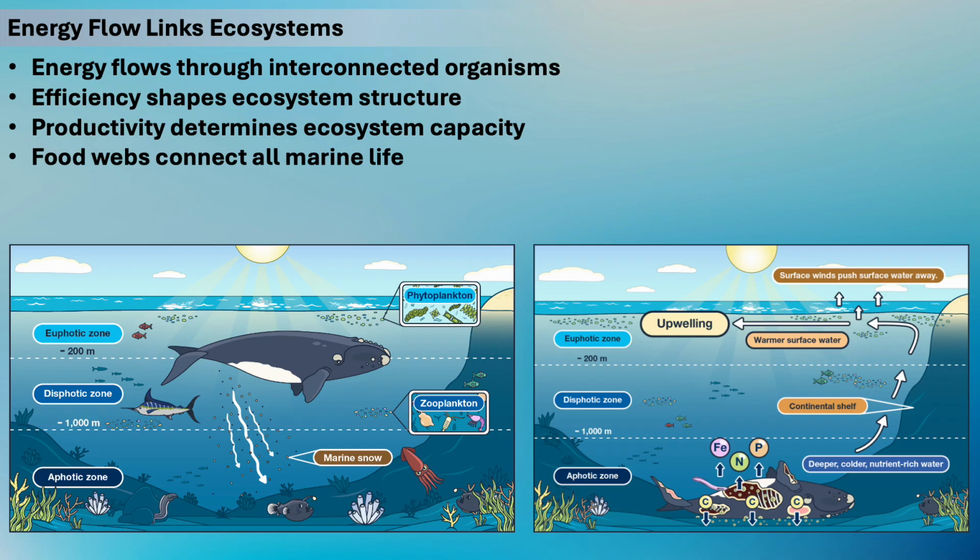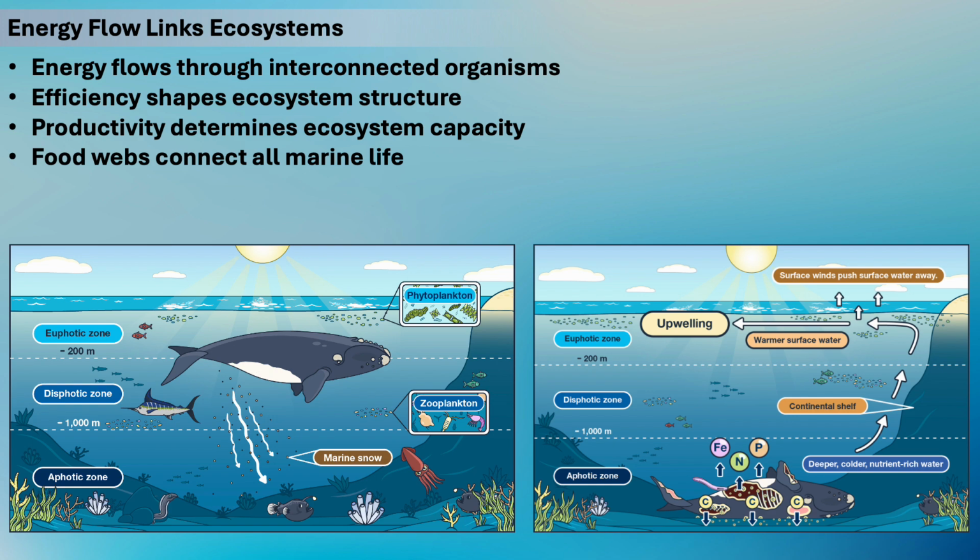This example highlights a key concept. Energy captured at the ocean's surface can be transported to and support life in completely different environments, including regions that lack sunlight and cannot support photosynthesis. Even though energy transfer between trophic levels is inefficient, the small fraction that reaches the deep ocean can be ecologically significant in energy-limited environments.